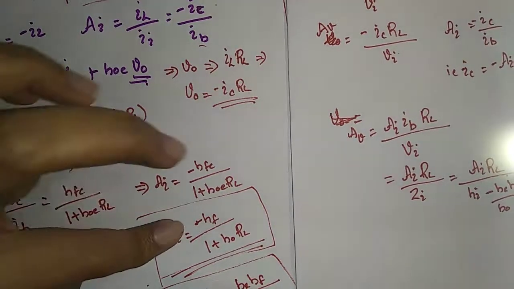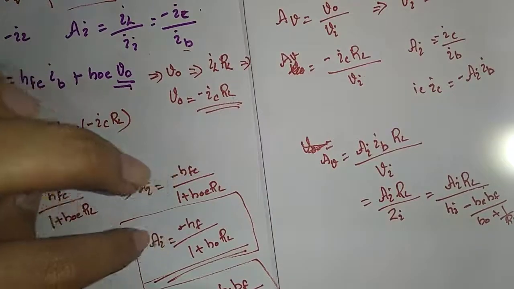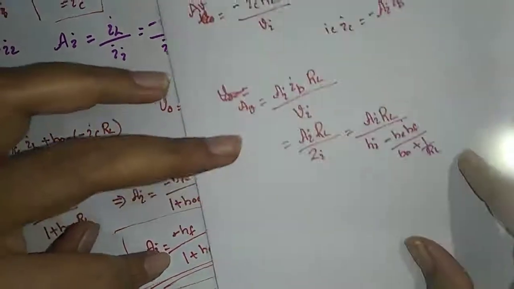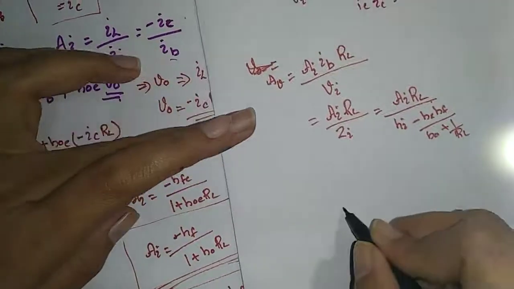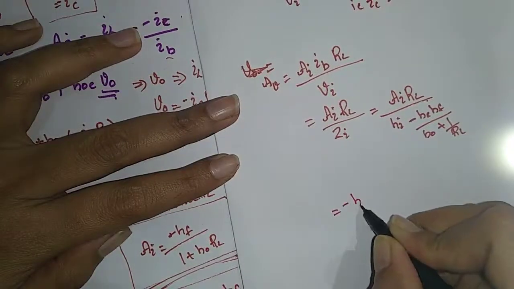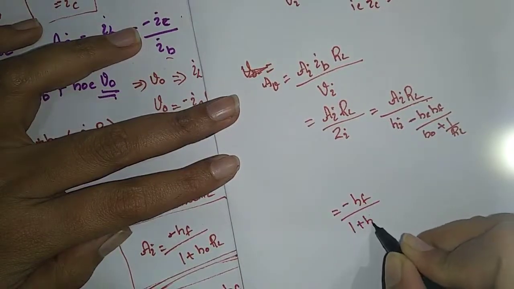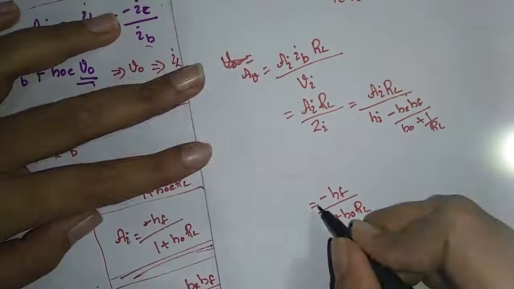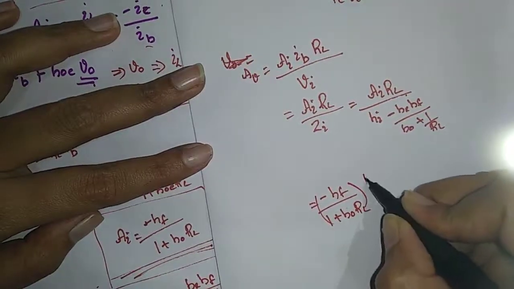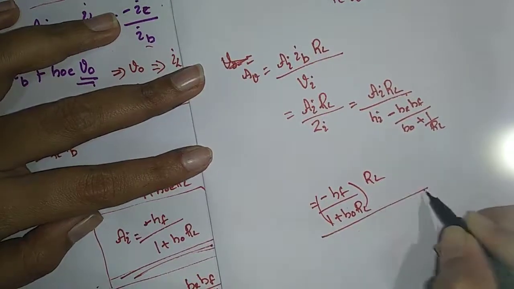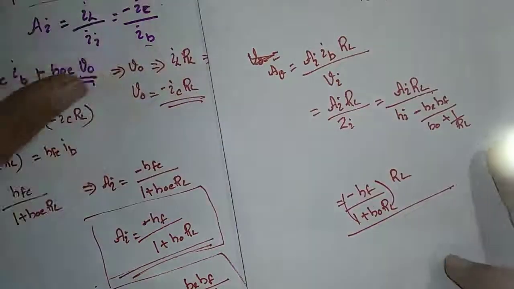What is the equation for AI? AI is minus Hf by 1 plus Ho RL. This is my equation for AI into RL divided by, what is the Zi equation?